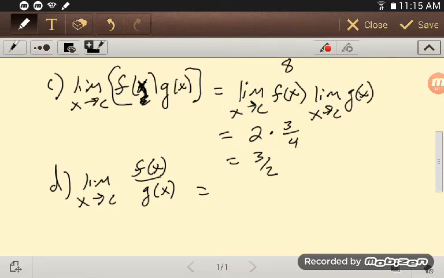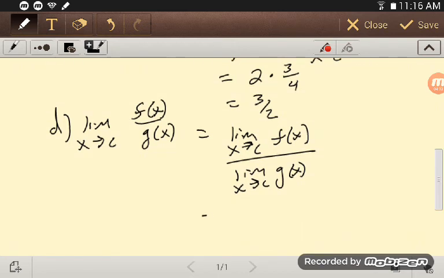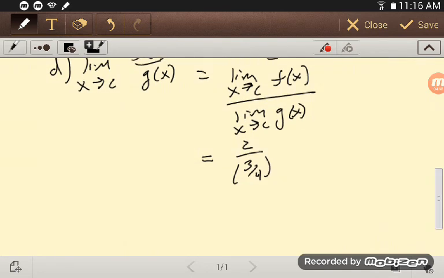But since I know that the limit as x goes to c of g of x is not 0, it's 3/4, I can again just break this up as the limit as x goes to c of f of x over the limit as x goes to c of g of x. And so that is 2 divided by 3/4. I'll invert and multiply, and I get 8/3.